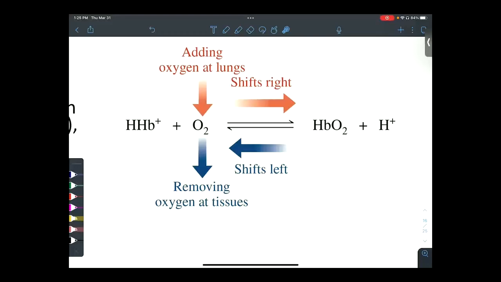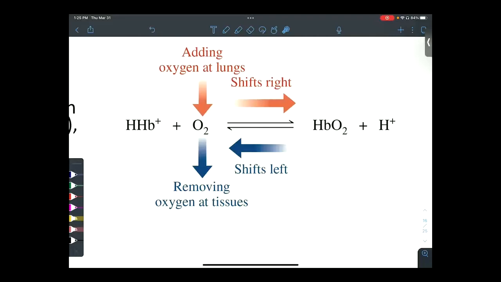In our lungs, when we breathe, oxygen concentration is very high. So, based upon Le Chatelier's principle, when we increase the concentration of O2, which way does the reaction go? That way. We make what form of hemoglobin? The form that has the oxygen attached. So we're using Le Chatelier's principle.